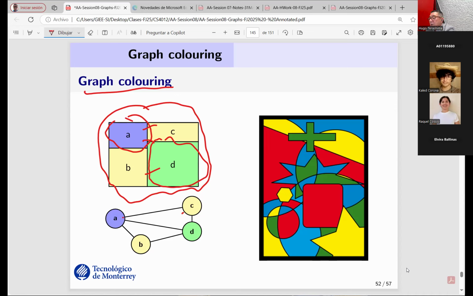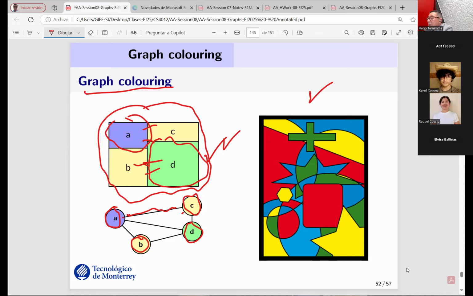But you can imagine this one is easier, in which you can represent regions as nodes and connections between nodes as arcs. And then the color is the one that you're going to use just to say I comply with the restriction that no two adjacent nodes are colored with the same color. So this one is easy, but imagine that you have this one.